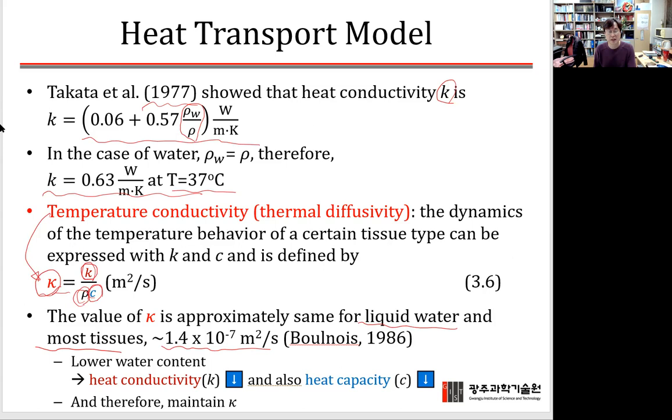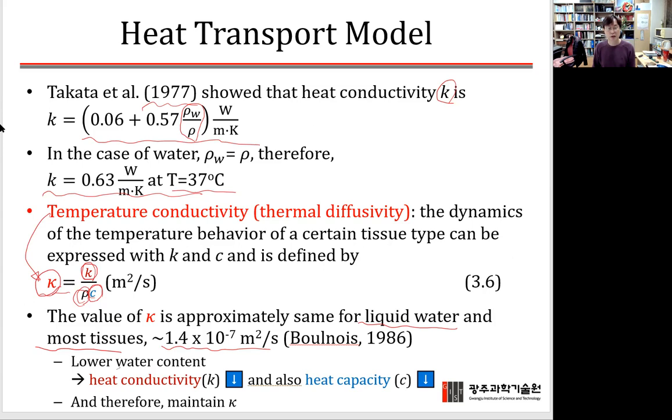You may wonder how water and most tissues can behave with the same kind of thermal conductivity. But when you look at this equation, you can see that when K is going down, so heat conductivity going down, the heat capacity is also going down.